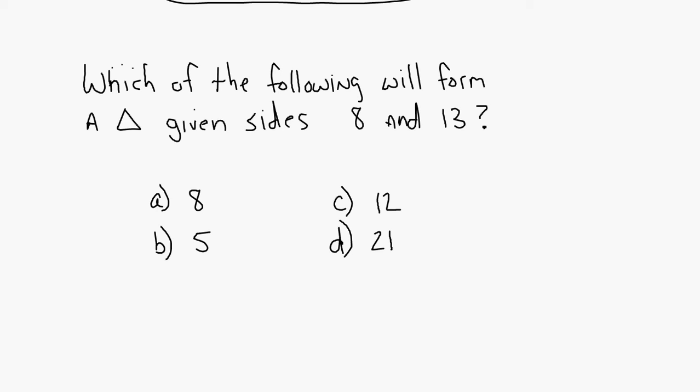Could 8 have been the correct answer too? Wait a minute. It's between 5 and 21, right? Why'd you list the correct answer first? We don't want the correct answer to be listed first.